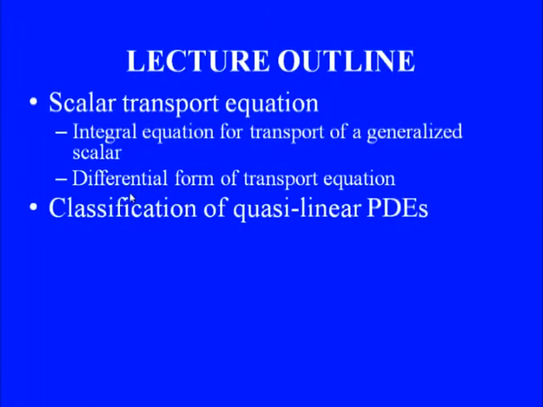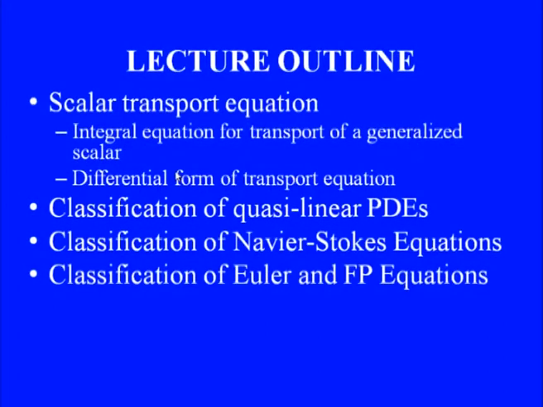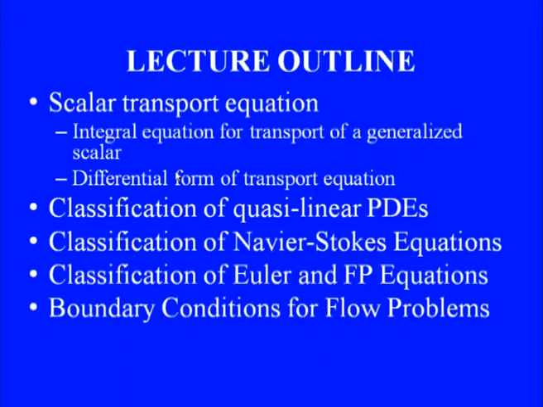Then we will have a look at mathematical classification, in particular the classification of quasi-linear PDEs and how we can extend this classification to the flow problems, the governing equation of fluid flow, and in what way do they affect our choice of initial and boundary conditions. And we would also have a look at the classification of Euler and full potential equations, and in the end we will have a brief look at most commonly encountered boundary conditions for flow problems.